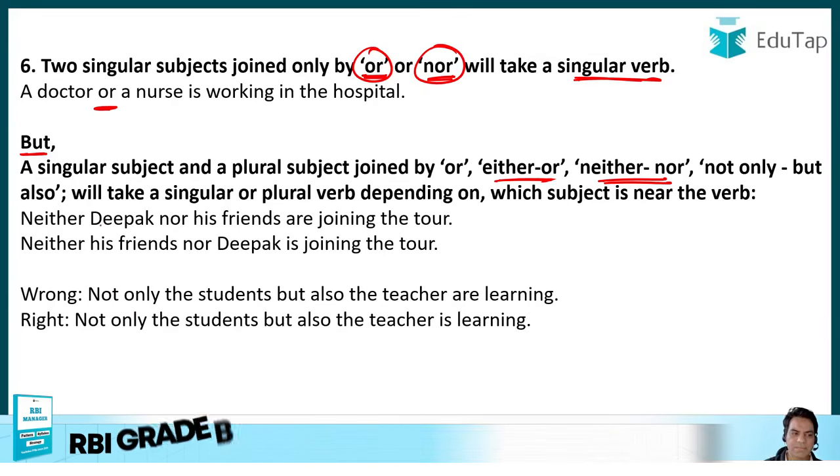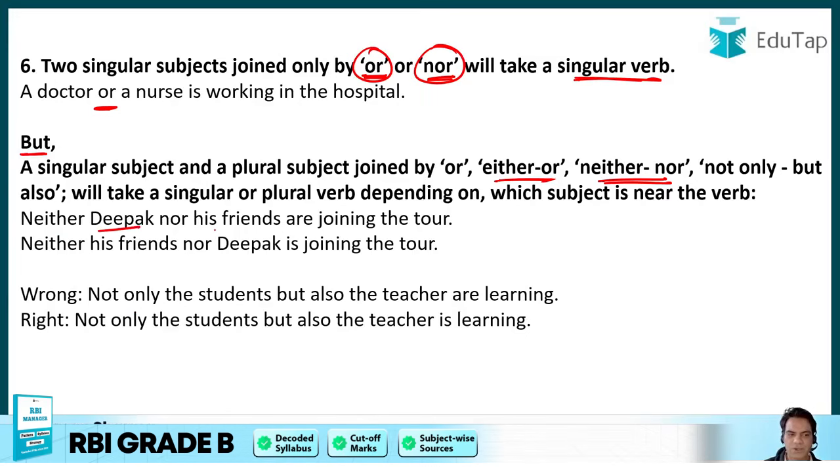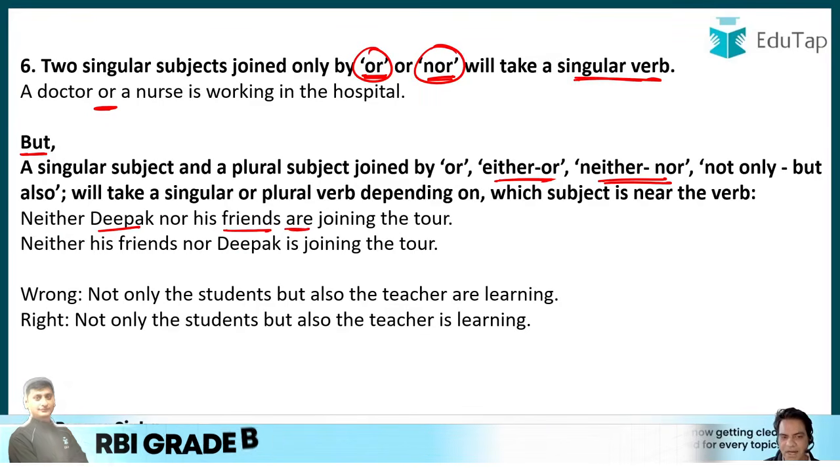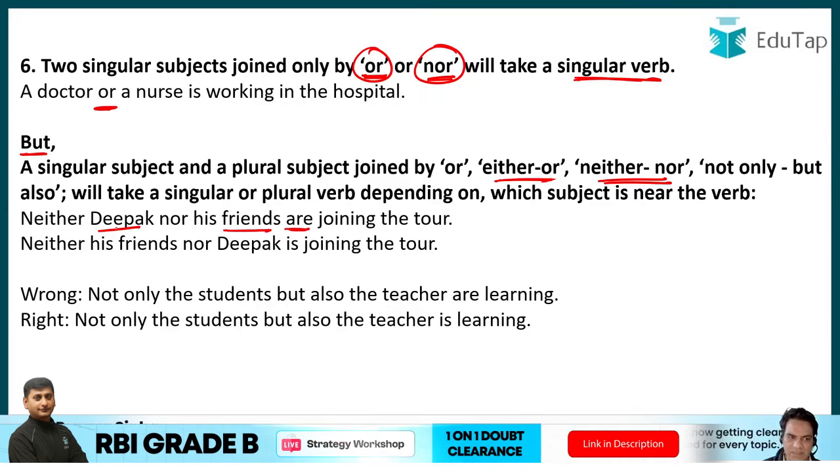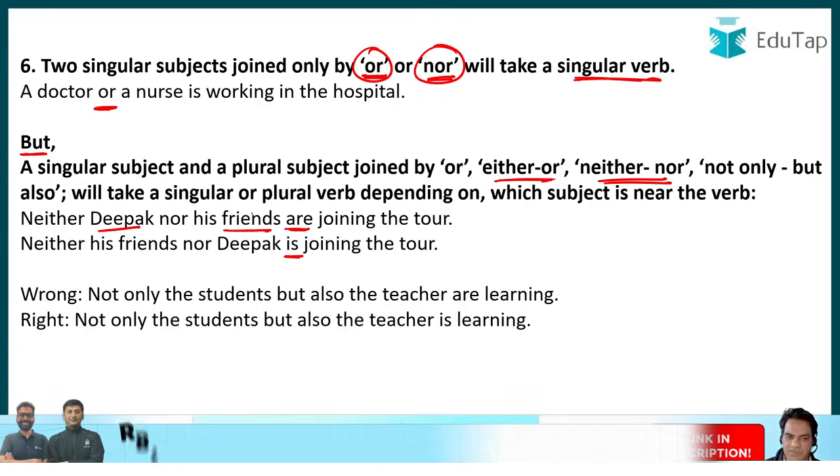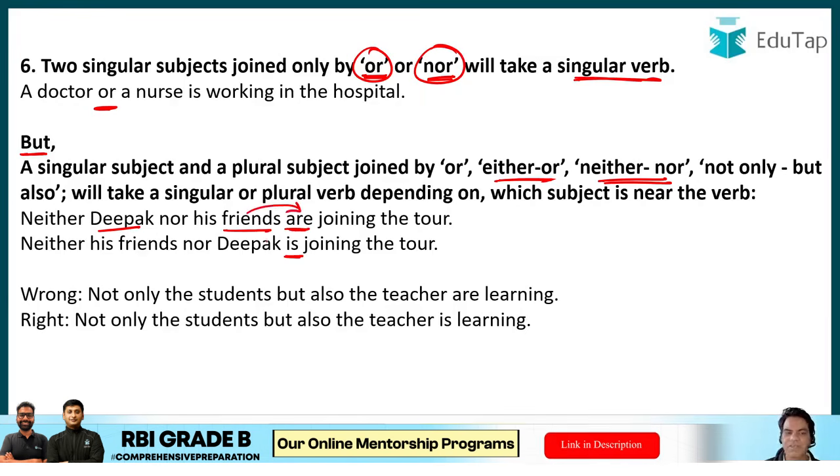For example, neither Deepak nor his friends. Now, which noun is closer to the verb? Deepak or friends? The verb here is are. Why? Because neither Deepak nor his friends is joining the tour, or are joining the tour. So you need to remember whichever noun is closer to the verb will decide the verb.